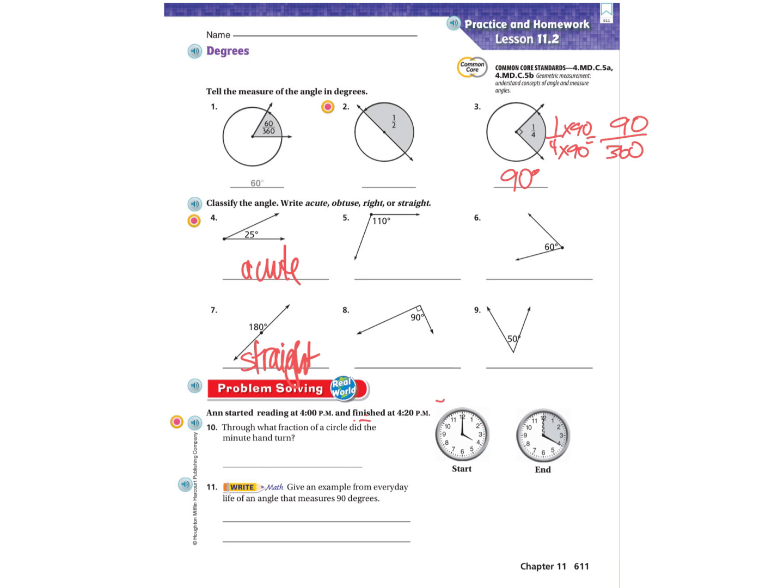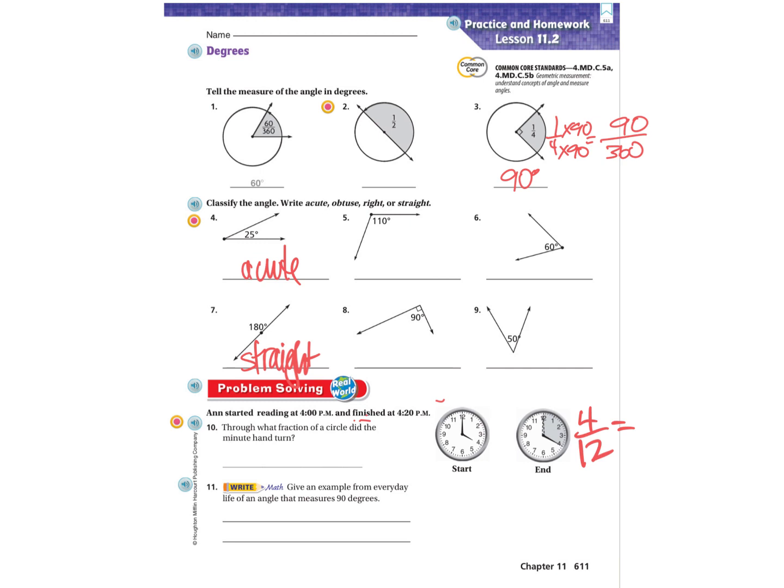Okay, so 4/12. If we wrote 4/12, can we leave it like that? No. Why not? Because we need to see what makes it 360. The denominator has to be 360. Well, that's if we were looking for degrees, but it just wants to know what fraction. It's just not in simplest terms, is it? So when it's just asking for a fraction, we just have to turn it into simplest terms.